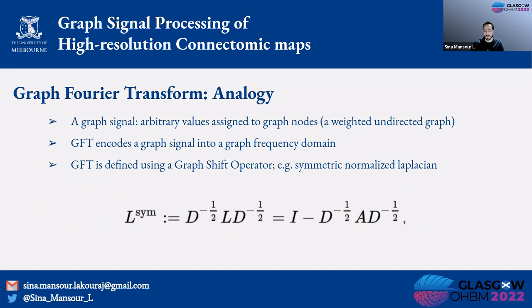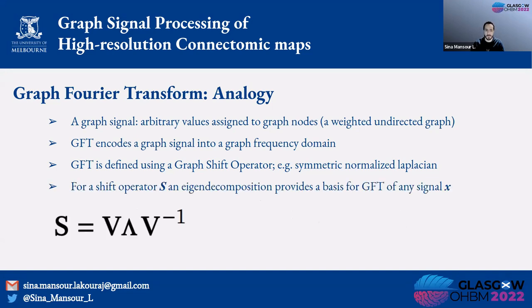So graph Fourier transform can be defined using a graph shift operator, and for the purpose of this talk, we'll be mainly focused on the symmetric normalized Laplacian, which is a normalized version of the Laplacian graph shift operator. Now, once we have a graph shift operator, we could use eigen decomposition to provide a basis for graph Fourier transforms.